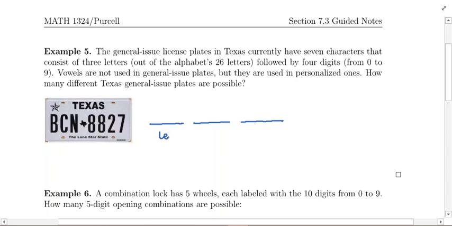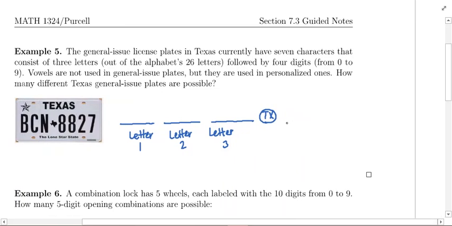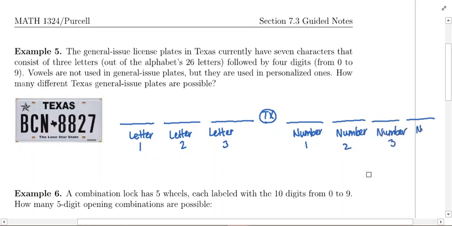So this is letter number 1, letter number 2, letter number 3, and then you've got the little Texas symbol. I'm not going to draw Texas for you, I'll just put Texas and a little circle. And then after that comes the 4 digits. So 1, 2, 3, 4. We'll call this number 1, number 2, number 3, and then number 4.